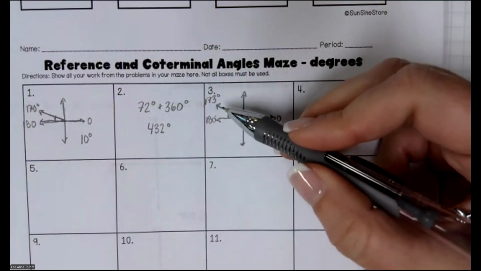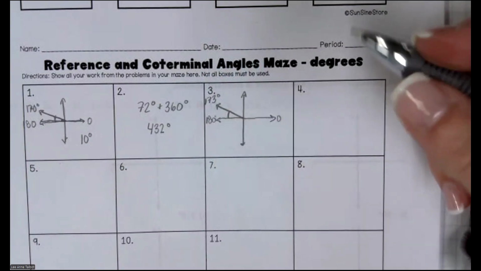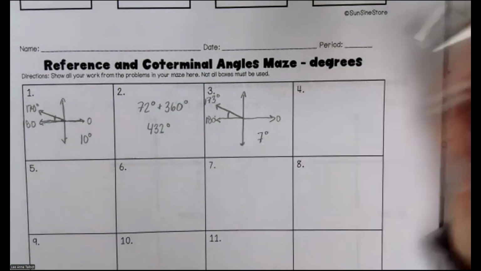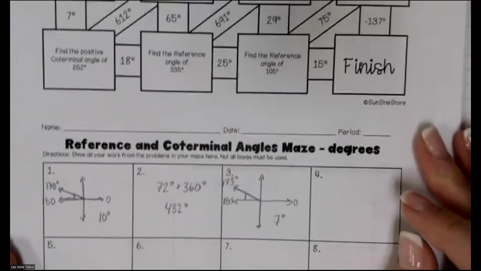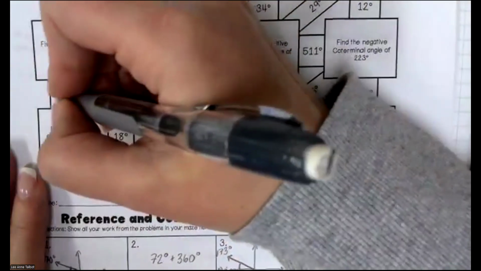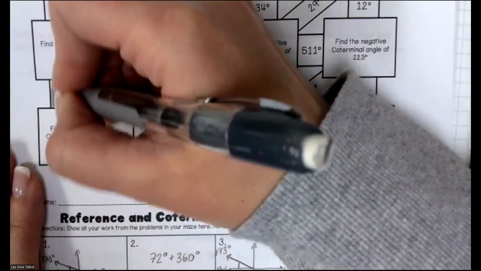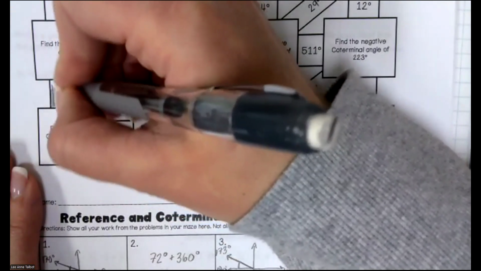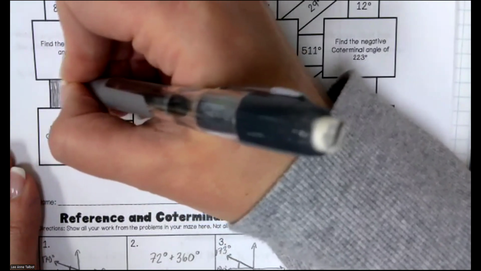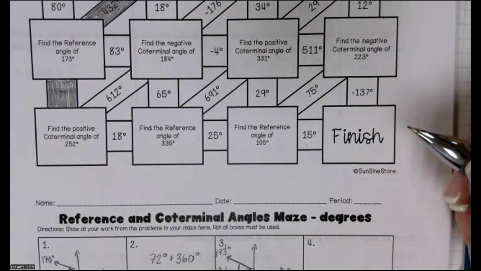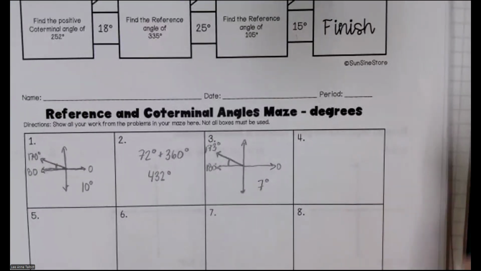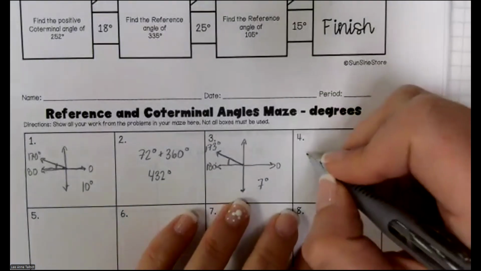Okay, so what's the reference angle between 173 and 180? 7. Find the positive coterminal angle of 252.